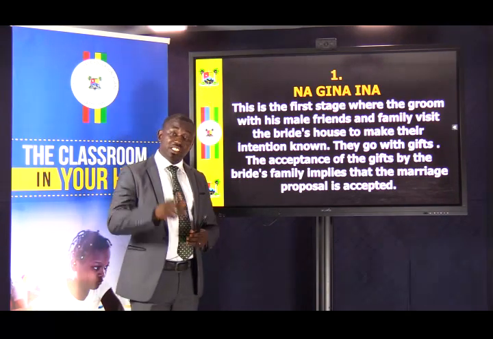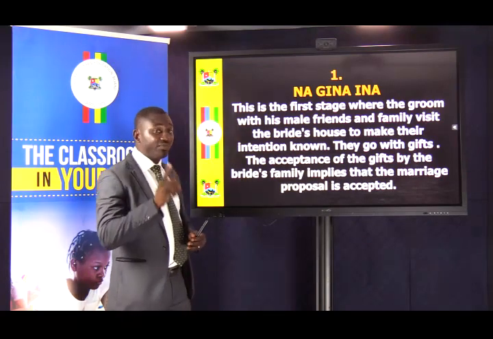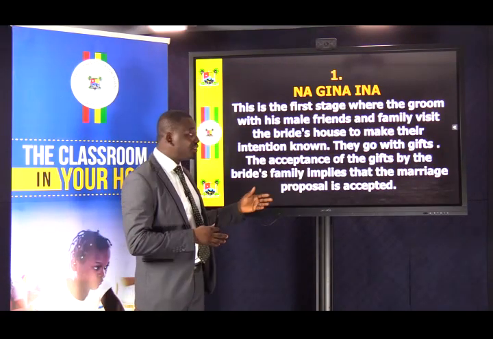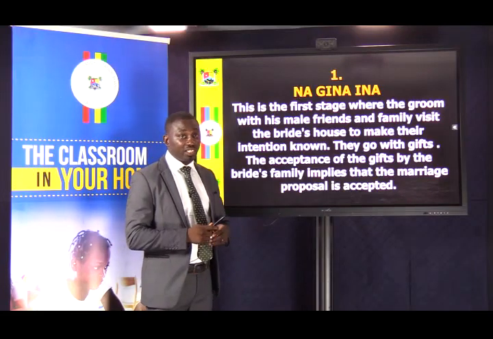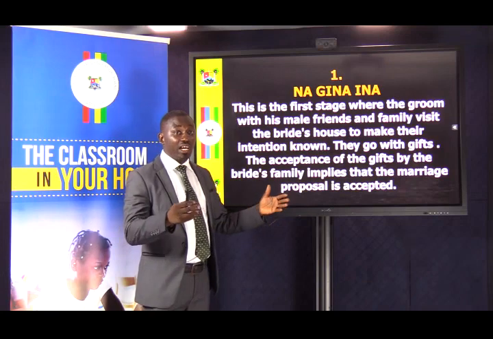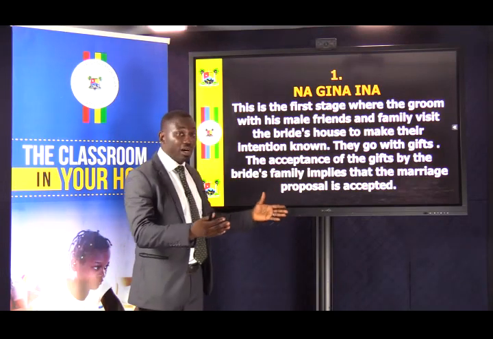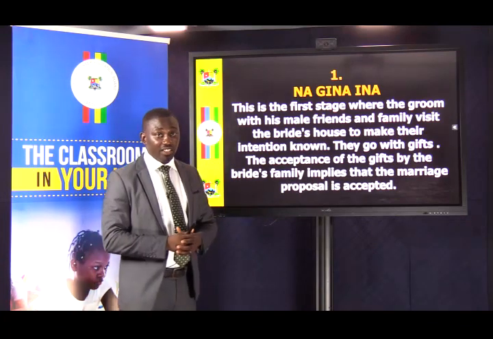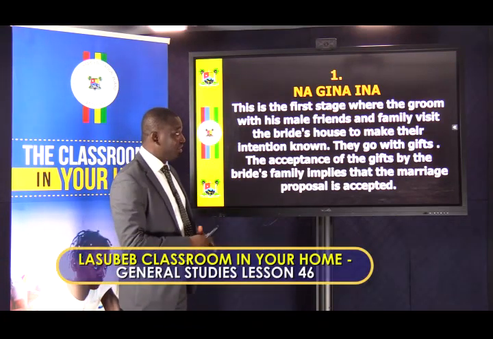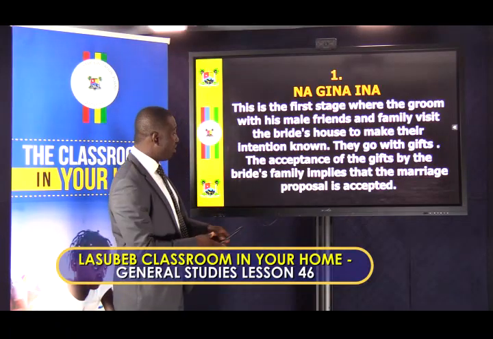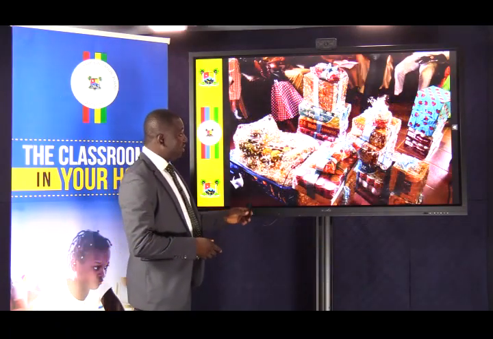But the bride's family will also ask their daughter if she is really interested in getting married to the man, and they usually give their daughter some time to think about it, to look at the man before giving the acceptance. So the first stage is where the groom and his male friends visit the family of the bride.